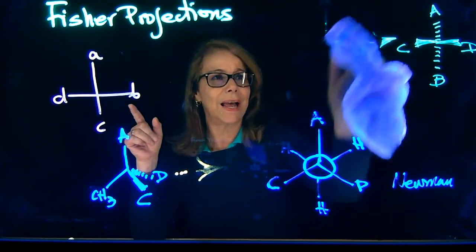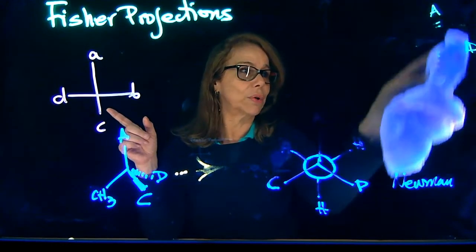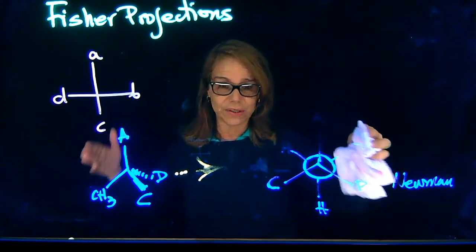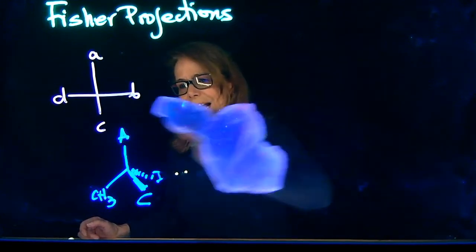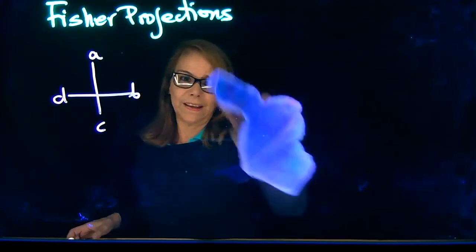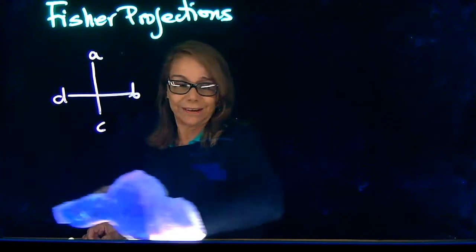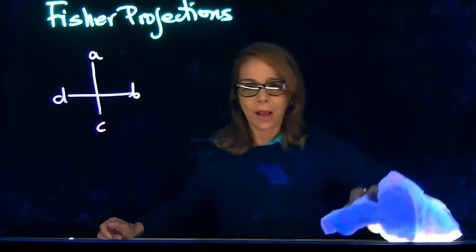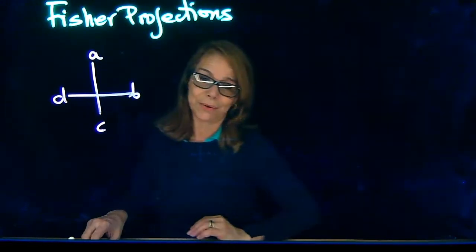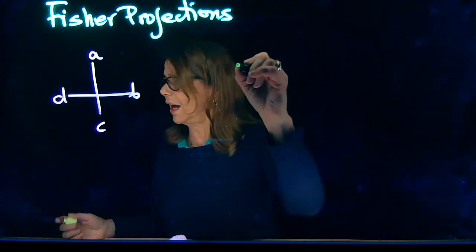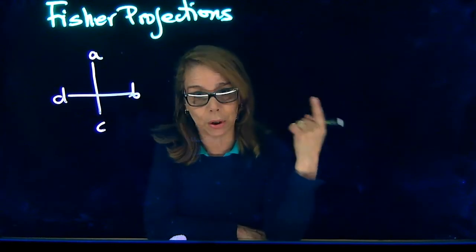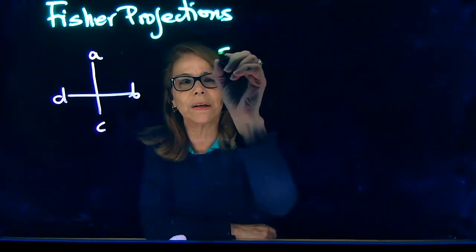So remember that in the Fischer convention, horizontal lines you think of as wedges coming toward you, and vertical lines you think of as dashes. And we said that learning these projections is very useful later if you study biochemistry, for example, and you will use it a lot when we represent molecules with multiple chiral centers, and we use it a lot for sugars.